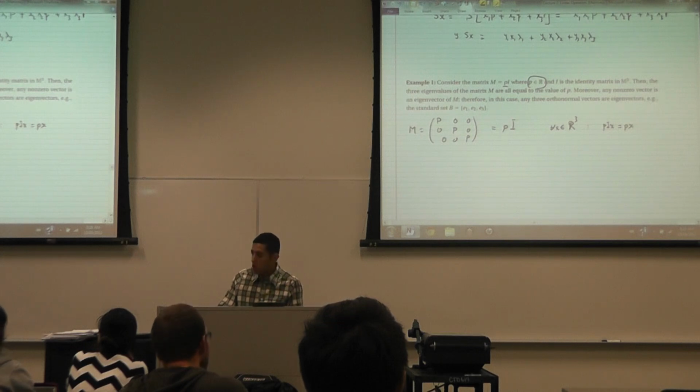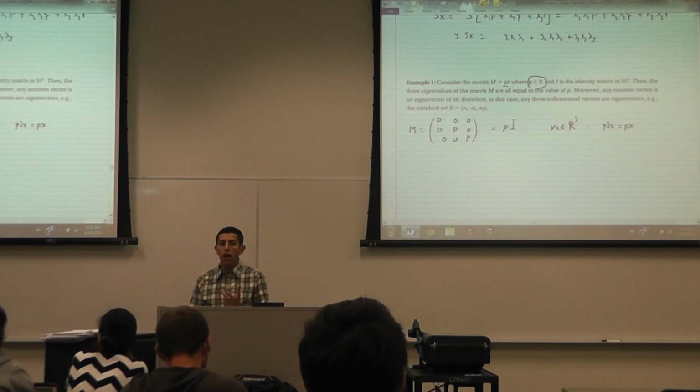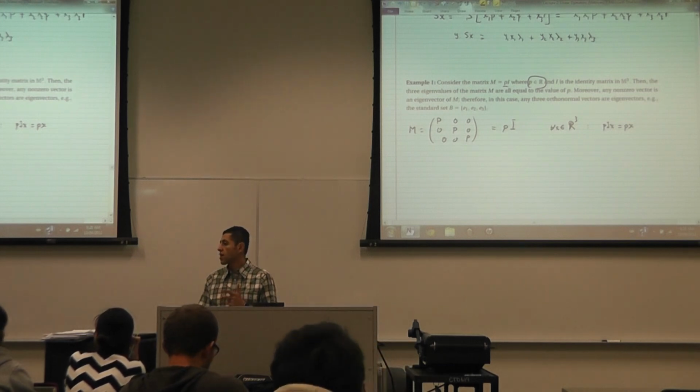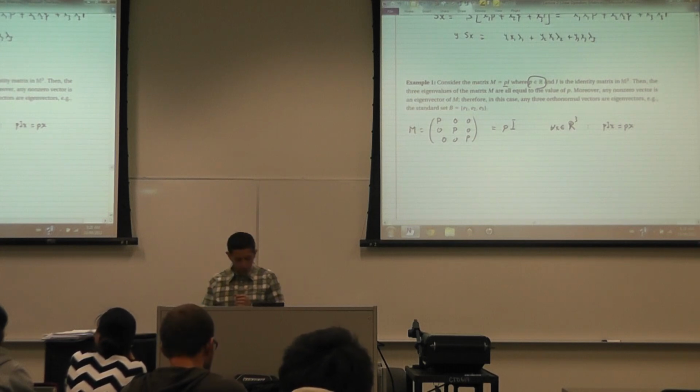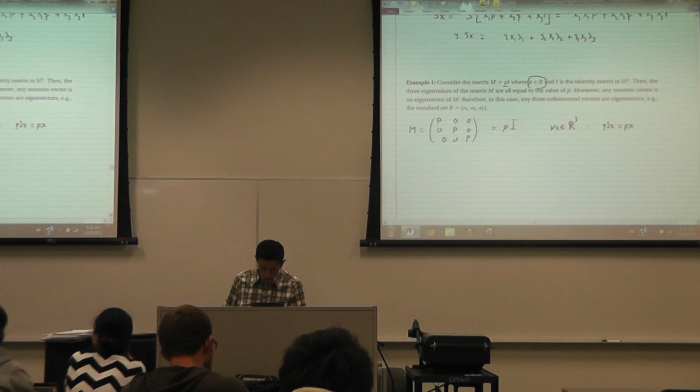So basically every vector is an eigenvector. So when I say I can choose, I'm going to choose 3 eigenvectors that are perpendicular to each other. Any non-zero vector is an eigenvector.